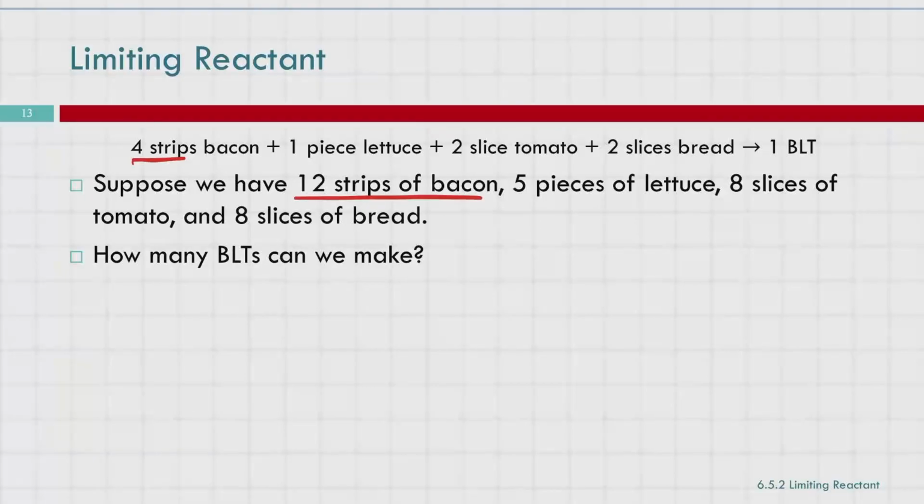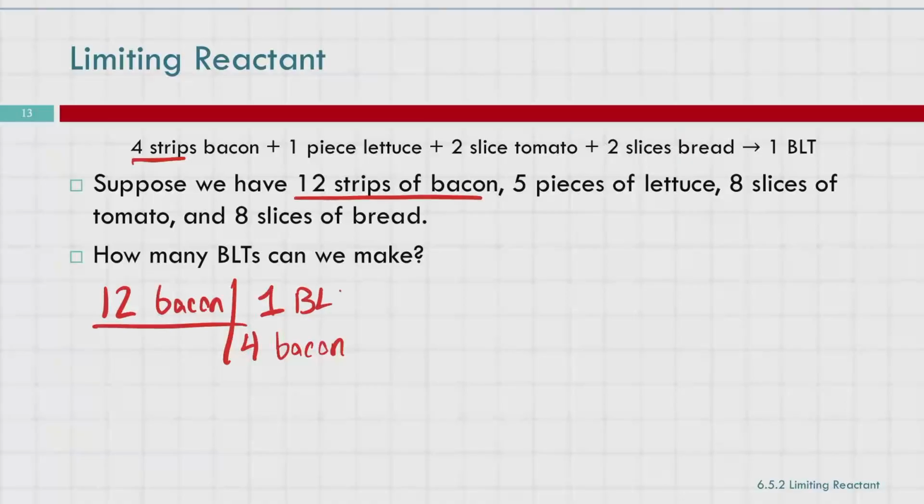So with our strips of bacon, 12 strips of bacon, it takes 4 strips for each sandwich. So 4 bacon in, 1 BLT out. So I could make 3 BLTs given the amount of bacon that I've got.